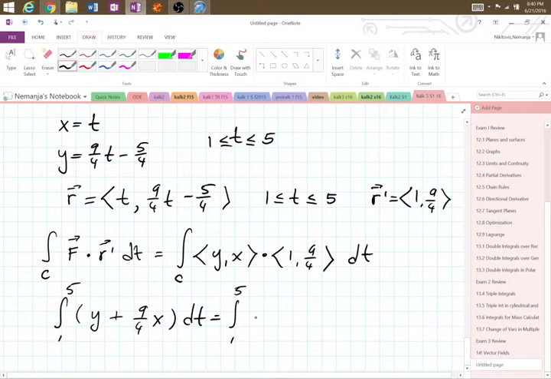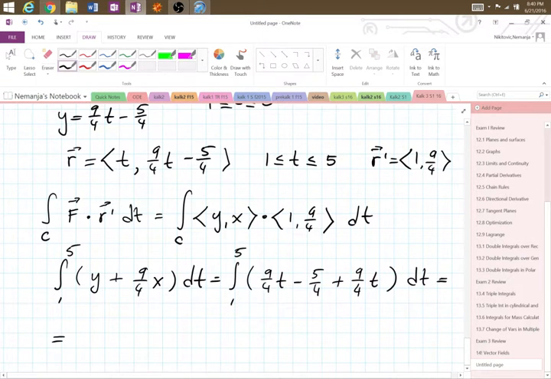So what's y? y is 9 quarters t minus 5 quarters, that's y, plus 9/4, and then x is t, so just 9/4 t dt. That is equal to the integral from 1 to 5. Simplify this, 9/4 plus 9/4 is 18/4, divide by 2, 9/2 t minus 5/4 dt, and we integrate now.